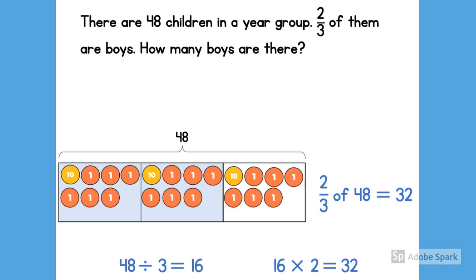Then you could share them out. We can see that 48 divided by 3 equals 16, but we want 2/3. So 16 times 2 is 32. 2/3 of 48 equals 32. There were 32 boys in the year group.